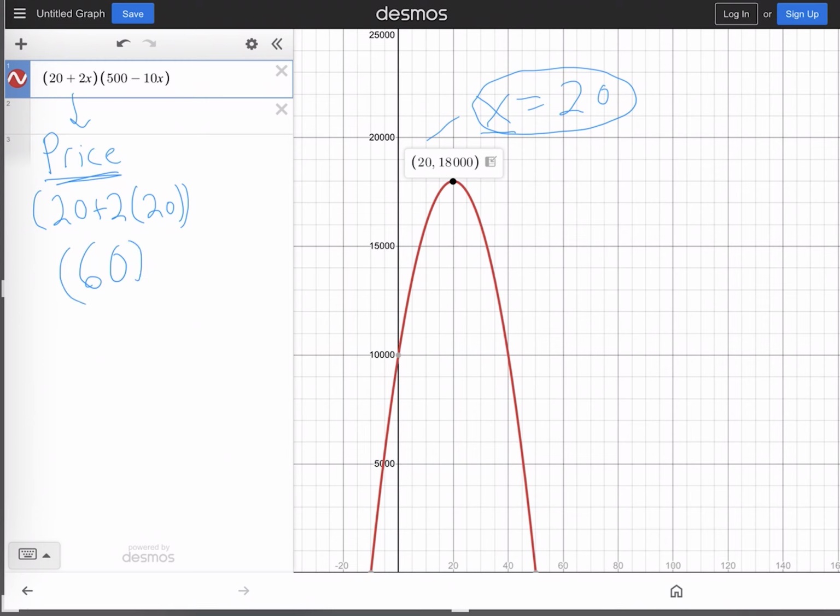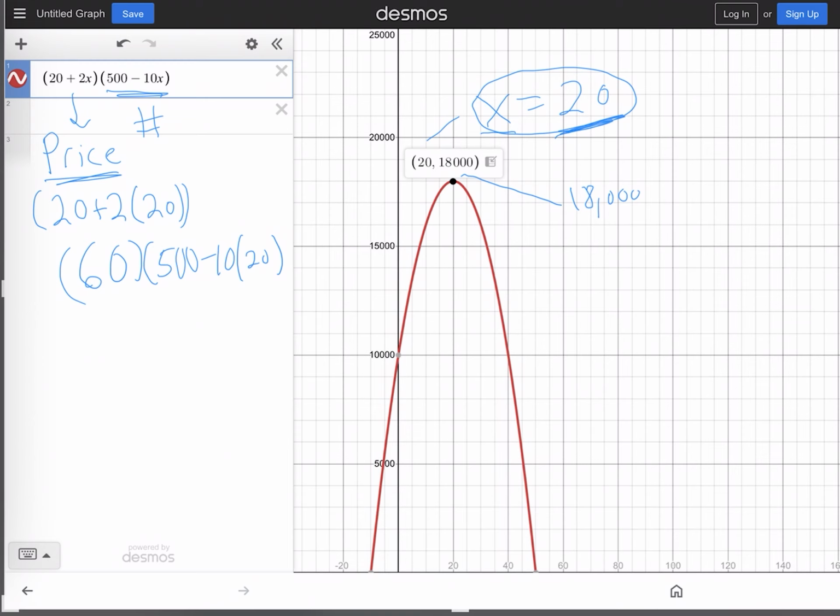The second parentheses up here represented the number that we'll end up selling. Again, we're going to use x as 20. 500 minus 10 times 20. Notice I'm not paying attention to that 18,000 for the y coordinate yet.